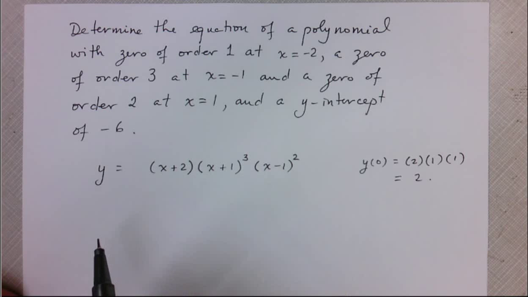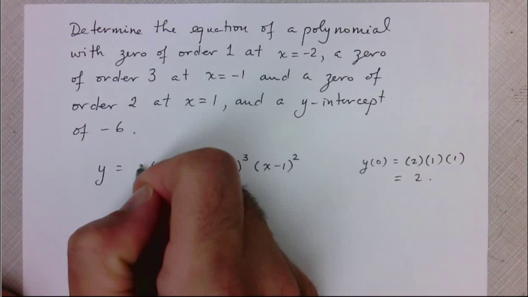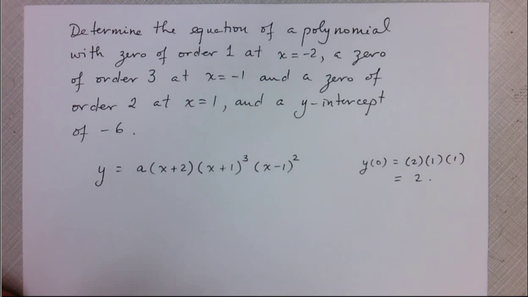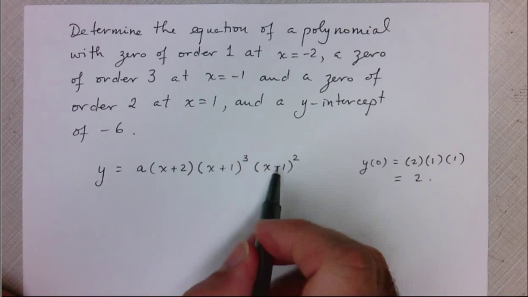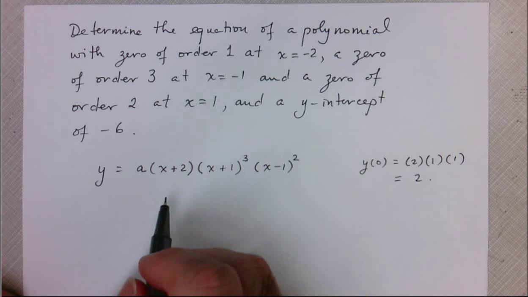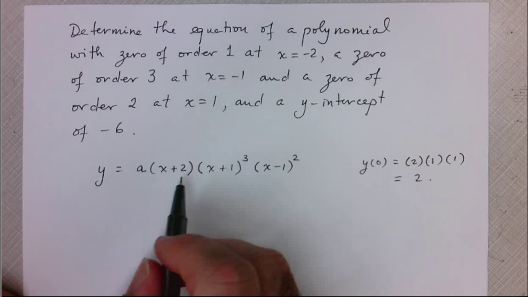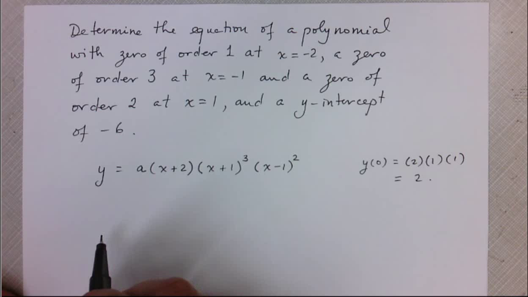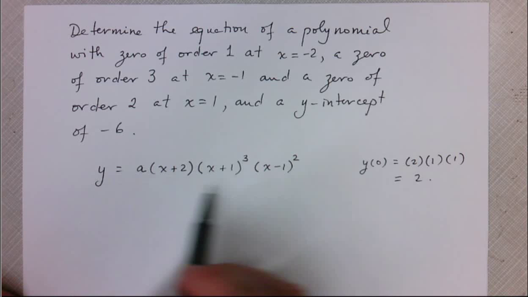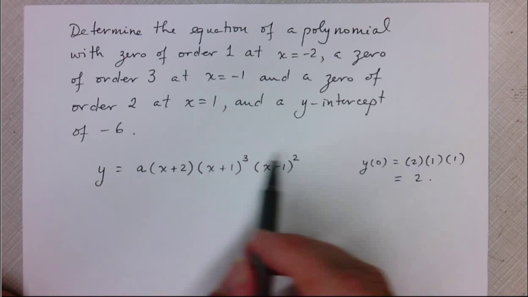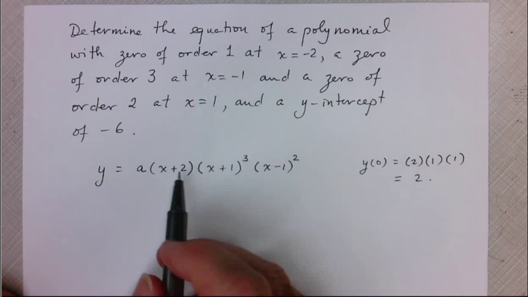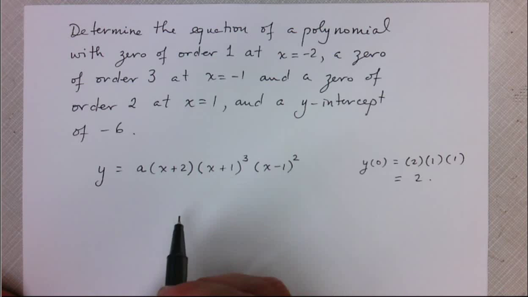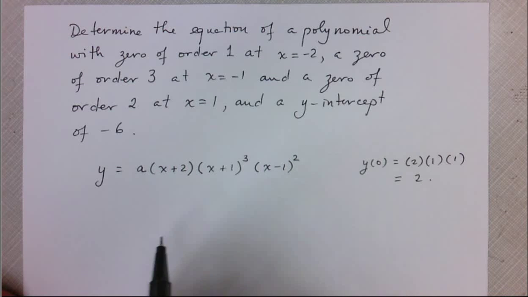So that's when we realize that any number as a coefficient to these three factors won't change the zeros or their orders. This is what we call a family of polynomials. This represents all the possible polynomials with a zero of order 1 at -2, a zero of order 3 at -1, and a zero of order 2 at 1.